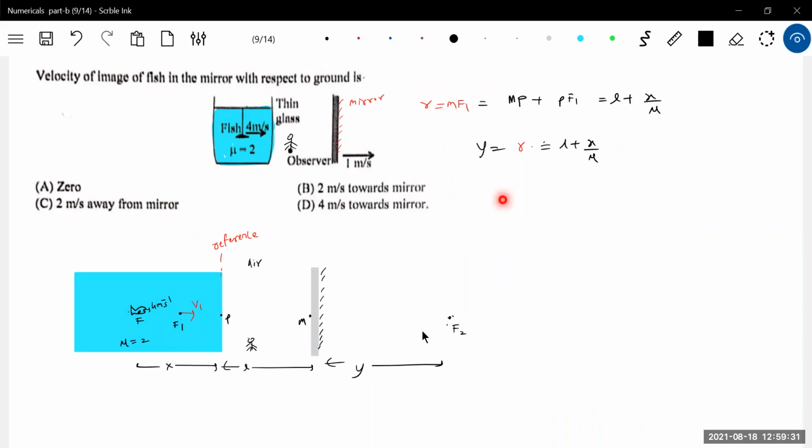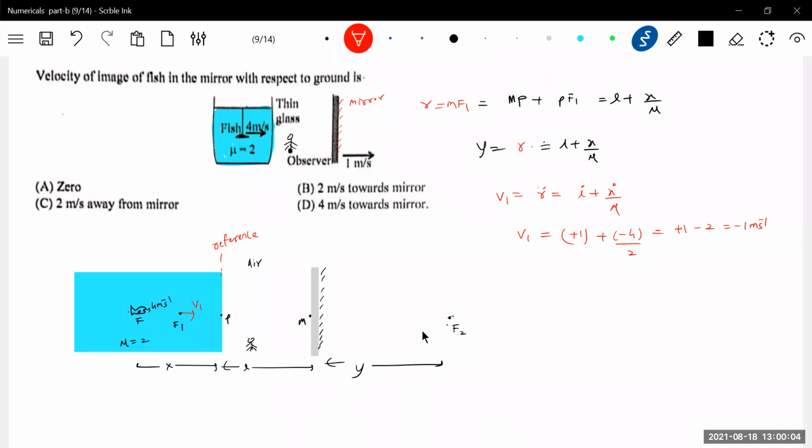So V1 is equal to R dot, which is equal to L dot plus X dot by mu. What is L dot? L dot should be plus 1. What is X dot? X dot should be minus 4. Mu is 2. Plus 1 minus 2, so minus 1 meter per second. That is V1.